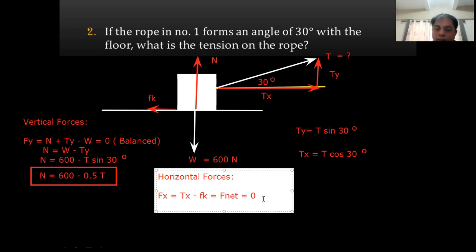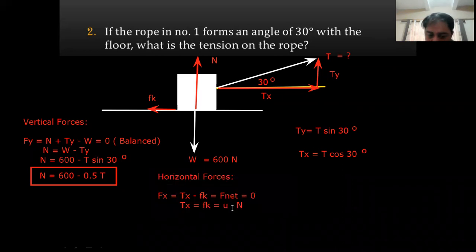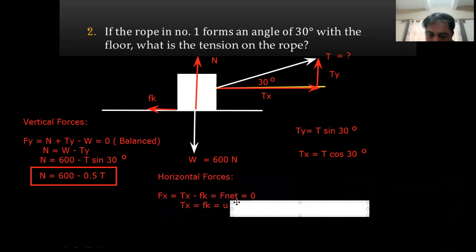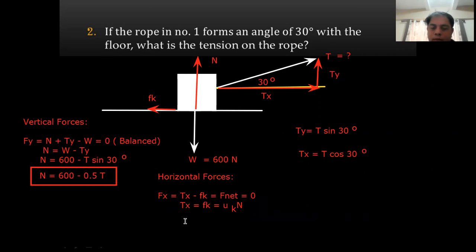From there, if Fx is T sub x minus F sub k, then T sub x can be equivalent to F sub k. But F sub k is equal to mu sub k times N, which is not the same expression that we have earlier. So what is our T sub x equivalent to?